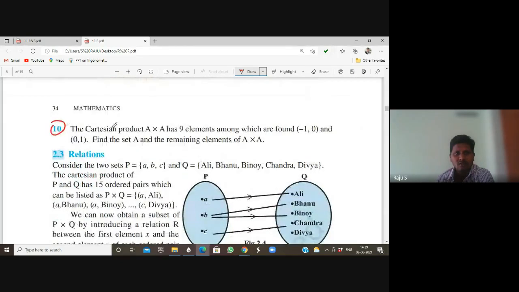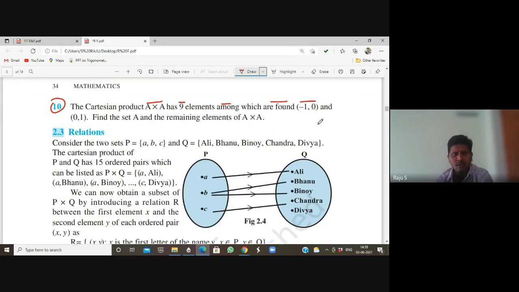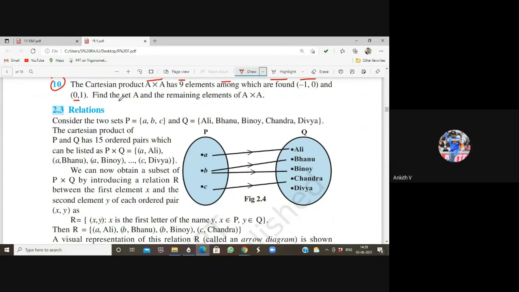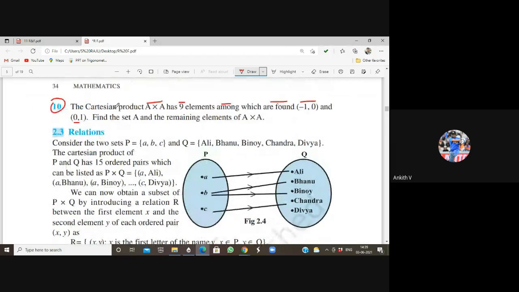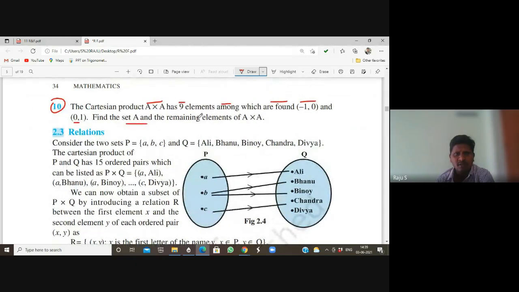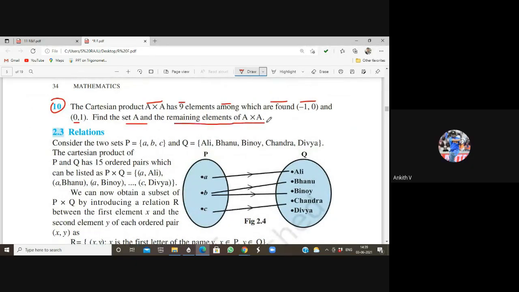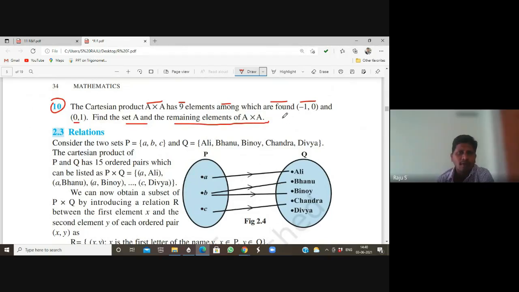The 10th question: the Cartesian product A cross A has 9 elements, among which are found -1 comma 0 and 0 comma 1. Find the set A and the remaining elements of A cross A. Here the question is that A cross A has 9 elements.